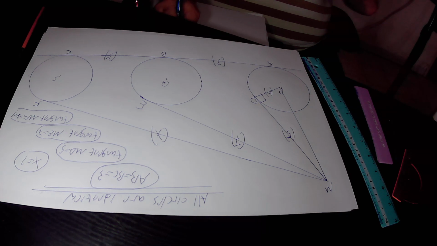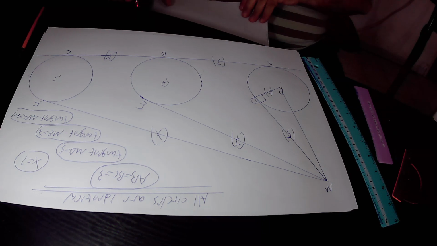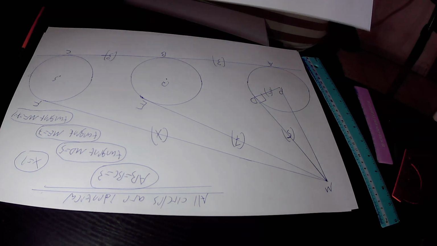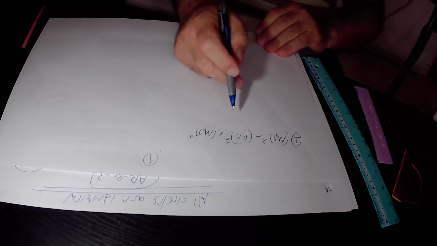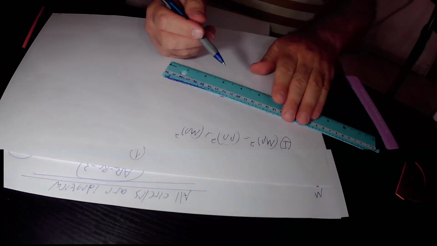And again, in the right triangle MPD, according to the Pythagoras theorem, MP squared equals PD squared plus MD squared.